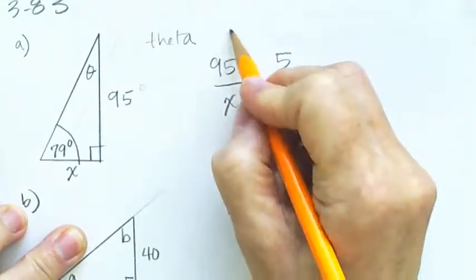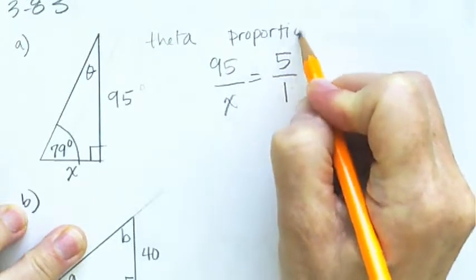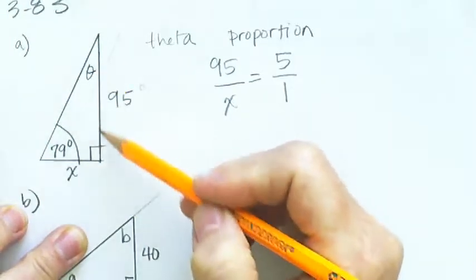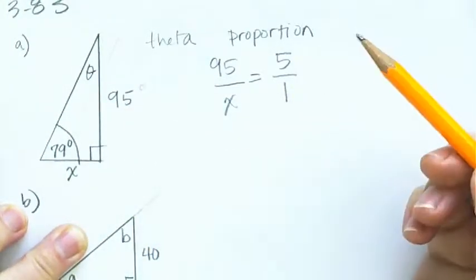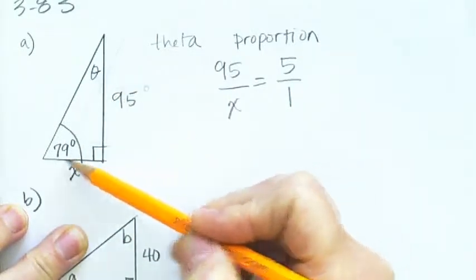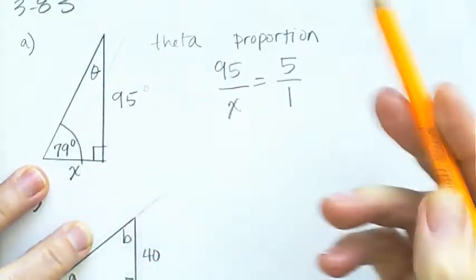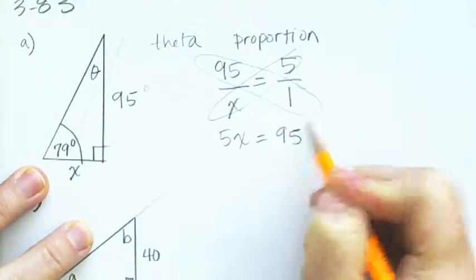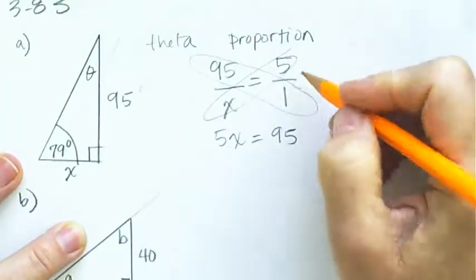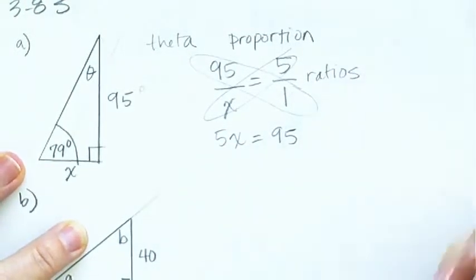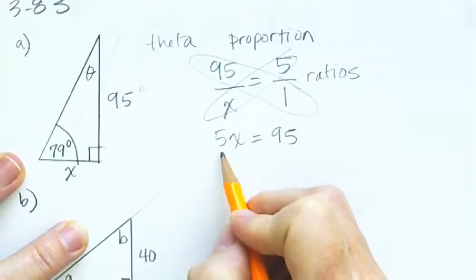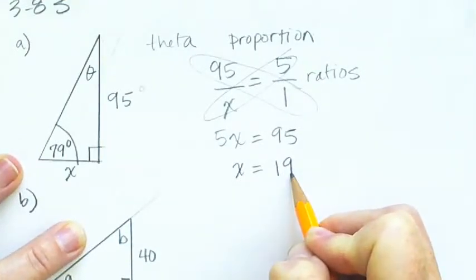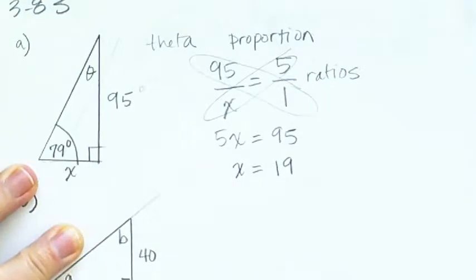So I have a proportion, because whatever the rise over the run for this particular triangle is, it's going to be the same as it is for any right triangle that has a 79-degree angle. And then if I cross multiply, I would get 5x equals 95, the cross products of 2 equal ratios. Remember, ratios are always equal. So if I divide both sides by 5, I get x equals 19. So this side must be 19.